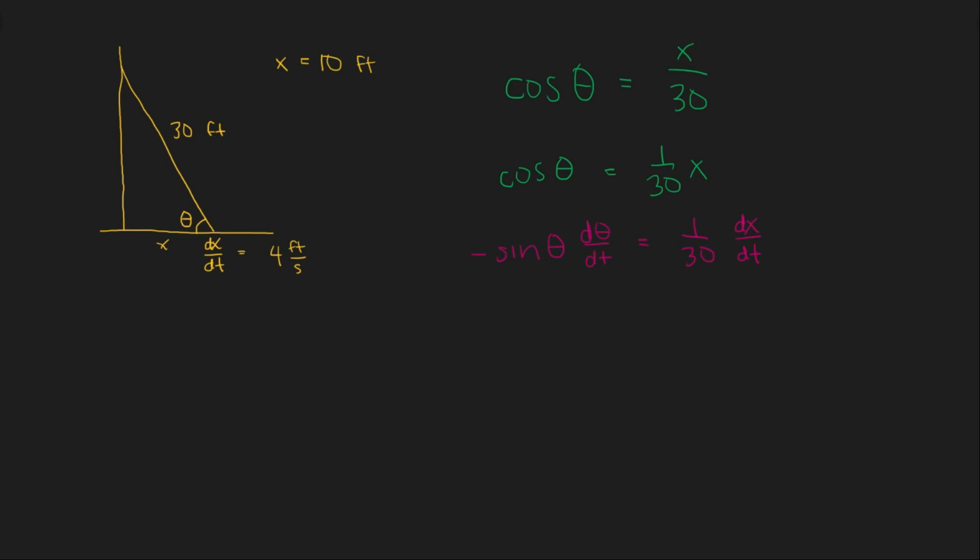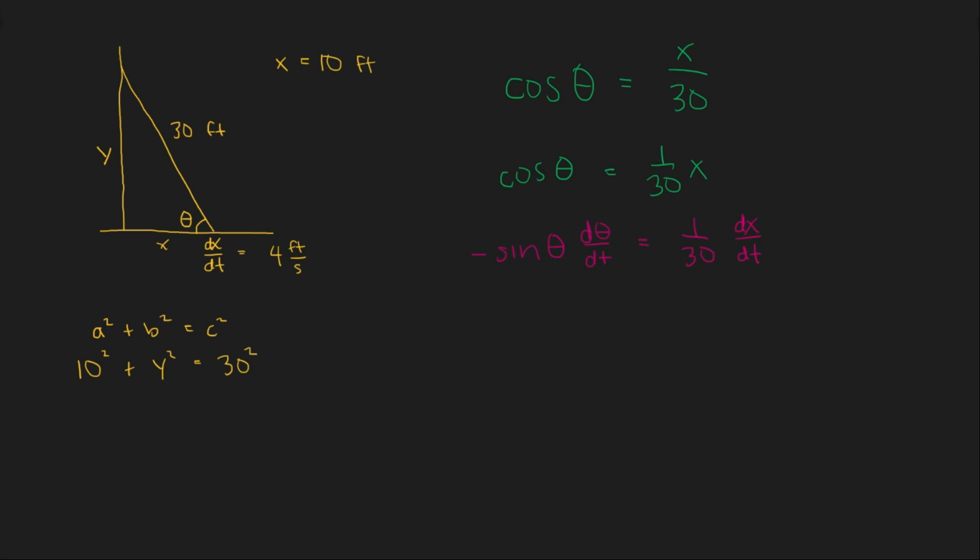So I'm going to switch back to yellow and then write out the Pythagorean theorem. A squared plus b squared equals c squared. A squared, we're dealing with the instant that x equals 10, so I'm going to plug that in. 10 squared plus b squared, we'll call this unknown y. Y squared equals c squared, and that is referring to the hypotenuse, which is 30.